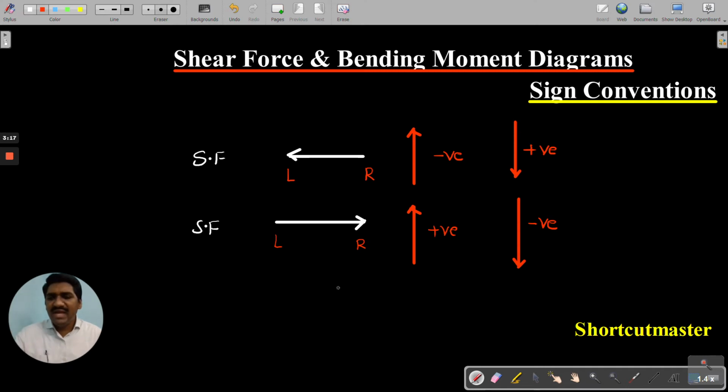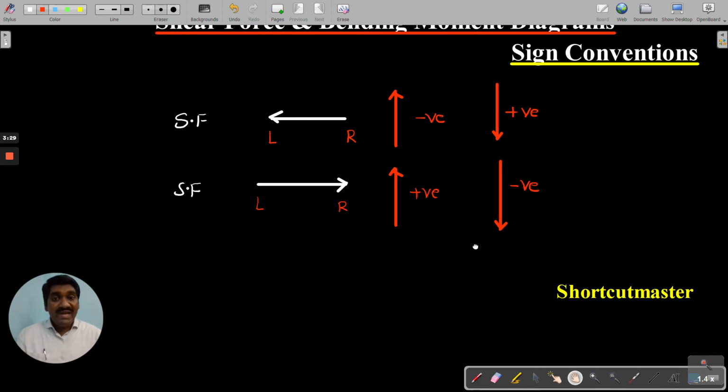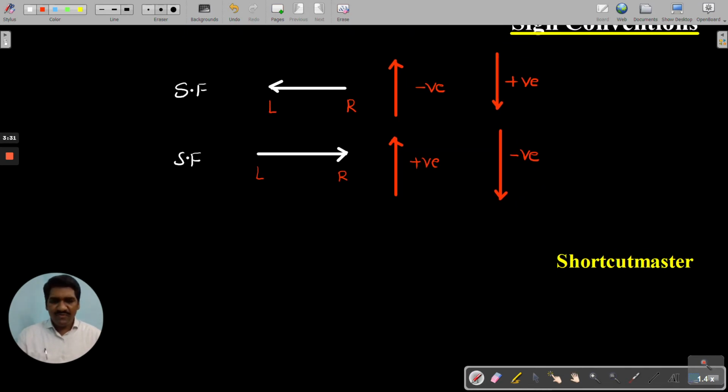It can be any type of beam, having any type of load, having a combination of loads. So please note all these things. Now I'm going for the bending moment diagram sign conventions.